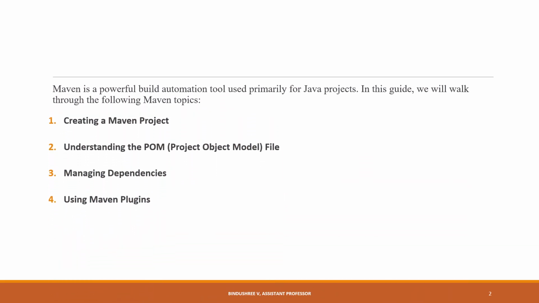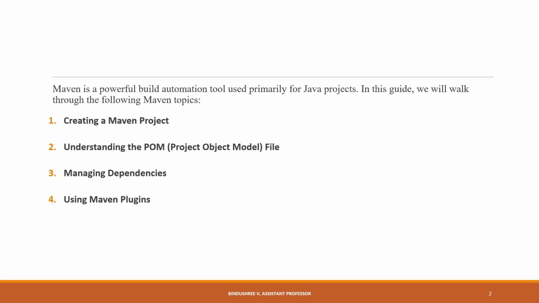In the previous lecture, I had explained Maven and its definitions, what the advantages of Maven are, and how it works. As we know, Maven is a powerful automation tool primarily used for Java projects.